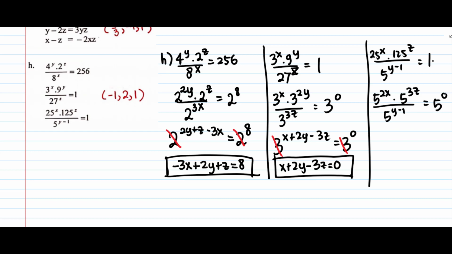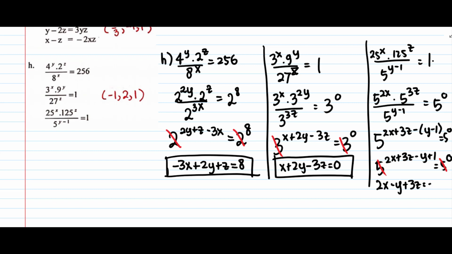And then simplify them. 2x plus 3z minus, do not forget the bracket, y minus 1, because there are two terms, so you have to put the bracket. 5 to the power of 2x plus 3z minus y plus 1 equals 5 to the power of 0. You can eliminate the 5. The result will be 2x minus y plus 3z equals, move the 1 across, negative 1.